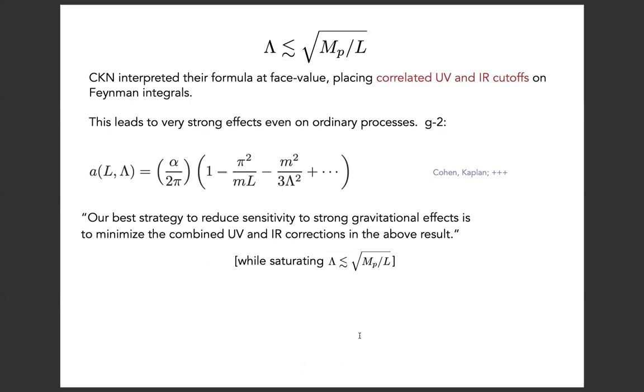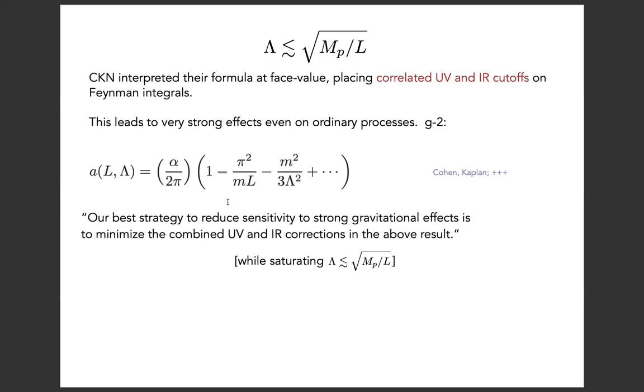That's largely driven by the original interpretation given by CKN and a modern update by Cohen and Kaplan, and then most of the other recent papers, in which they interpret this formula at face value and say, these are UV and IR cutoffs that I'm going to stick onto my Feynman integrals. This leads to extremely strong effects, even on completely ordinary processes that you might have said had nothing to do with quantum gravity.